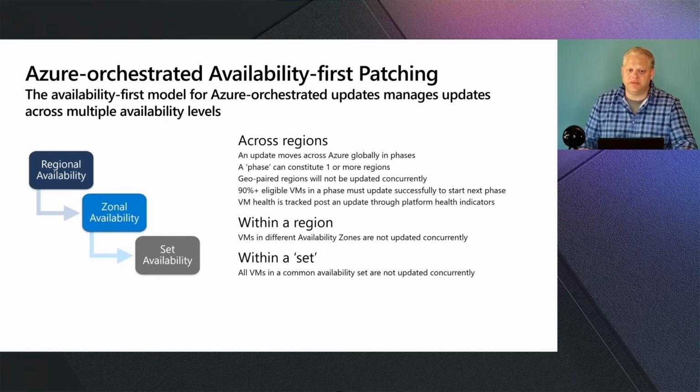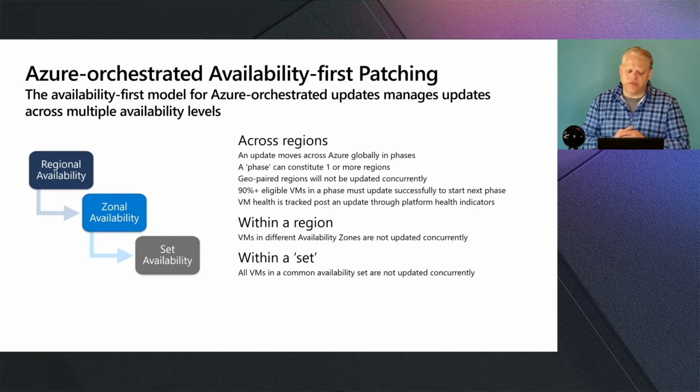Patch Tuesday comes out for Windows, and we're going to start rolling that patch out to a first wave of regions. Now we do this to a subset of the regions, so we're not going to blast this to every virtual machine in all of Azure all at once. Specifically for regions that use our paired region capability, it's only going to update at most one region of that paired region at a time.